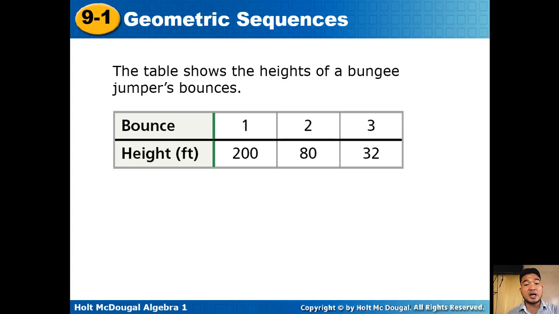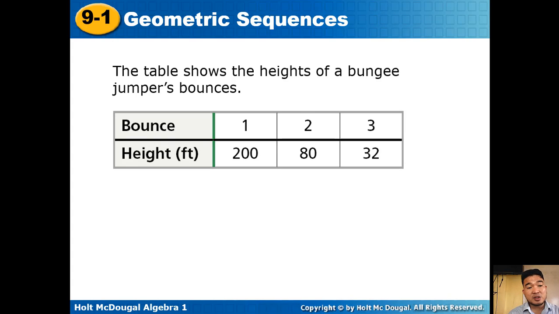So the table shows the heights of a bungee jumper's bounces. Do you know bungee jumping? It's a recreational game. As you can see, bounce 1, 2, 3, then heights 200, 80 and 32.